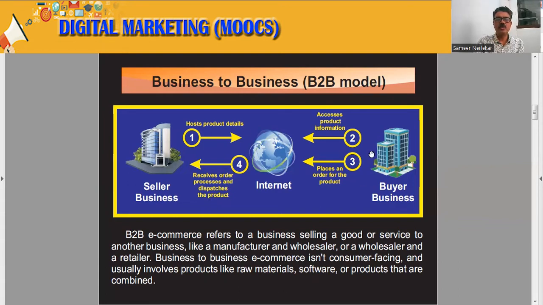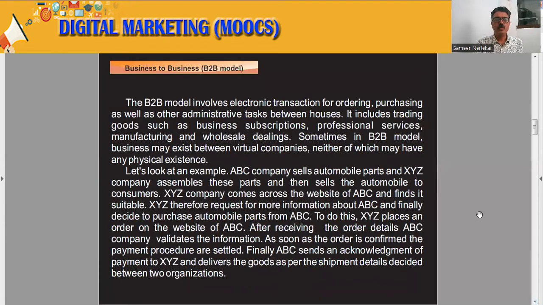So on both sides there are businessmen. One businessman can be a wholesaler and the second businessman can be a retailer. So there is no common consumer involved in this transaction. The B2B model involves electronic transactions, ordering, purchasing, as well as other administrative tasks between houses.